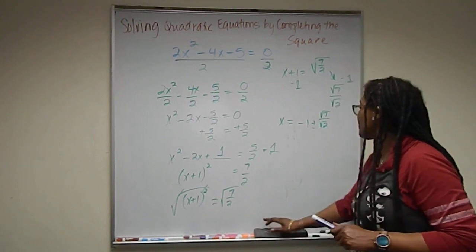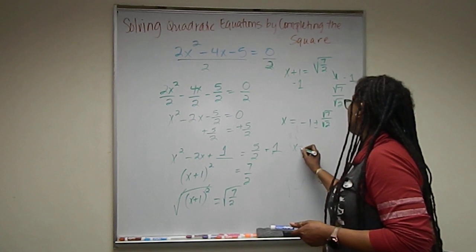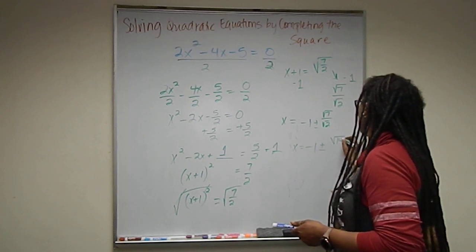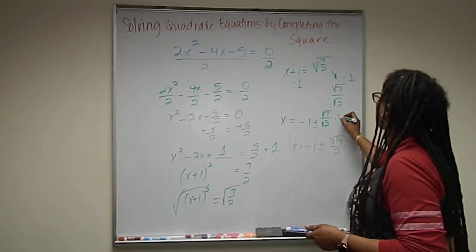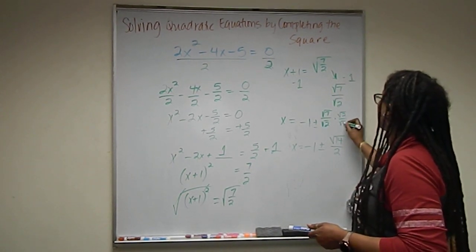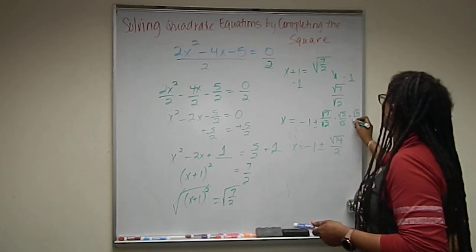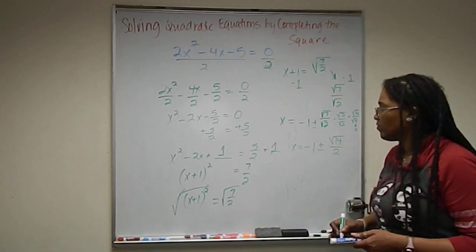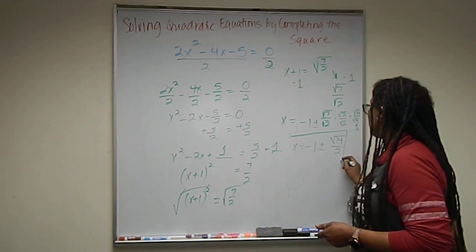So I can come over here and say x is equal to -1 plus or minus root 14 over 2, right? Because we all did this, root 2 over root 2, which equals root 14 over square root of 4, and the square root of 4 is 2. Yeah? We good? A little bit clearer?